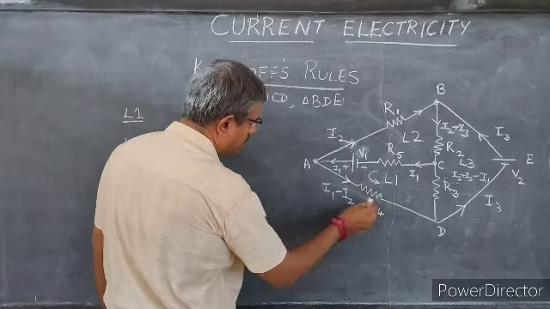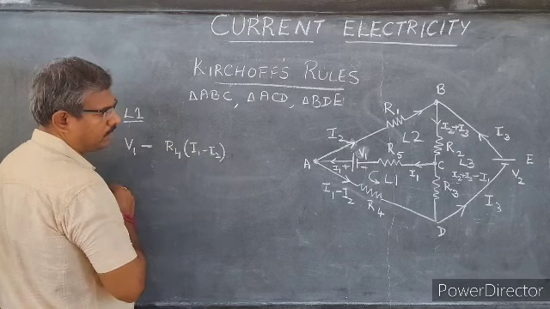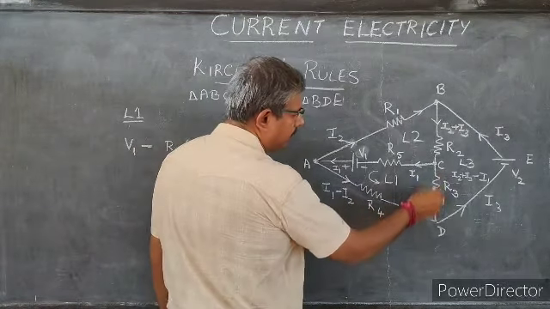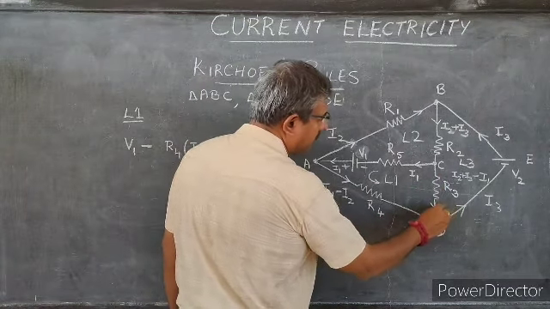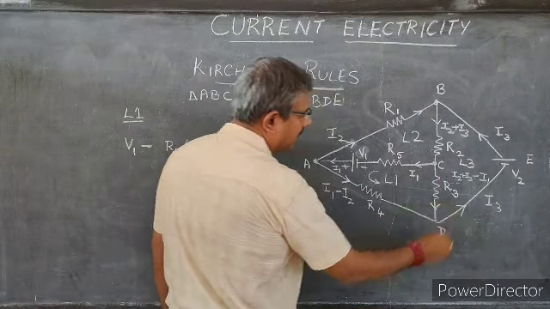Now here current is flowing in this direction, so I continue to take it as R4 into, what is the current flowing there? I1 minus I2. And here now, be careful, the current is flowing in this direction, but you are taking it in this direction. So I take it with a minus sign whenever I come across a resistance in the direction of the flow of the current.